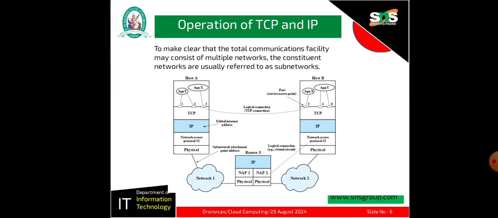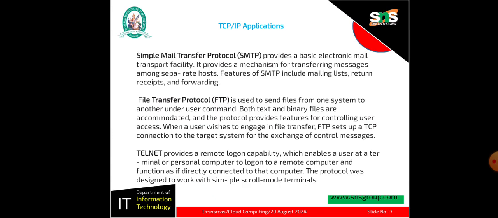So mainly the network is divided into subnetworks. Here there is host A and host B. Host A has 3 ports, and the third port here is connected to the local connection, that is TCP, and there is a global internet address, the IP address. The next part is physical, which is connected to network 1 and network 2.